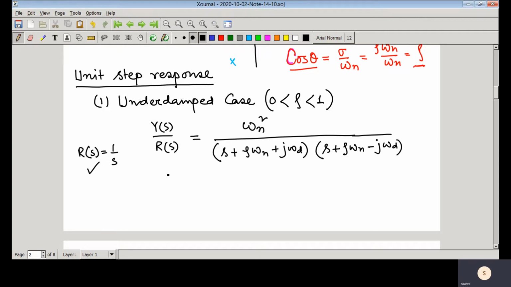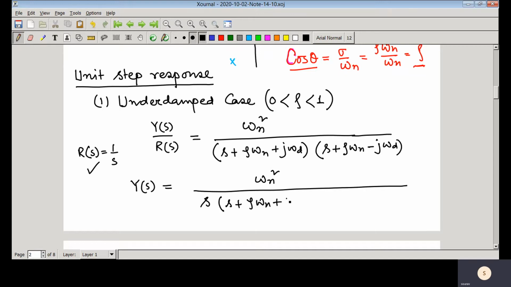Then Y(s) would be equal to omega n square, and in place of R(s) we write 1 by s, so it would be s, and the two factors, s plus zeta omega n plus j omega d and s plus zeta omega n minus j omega d.